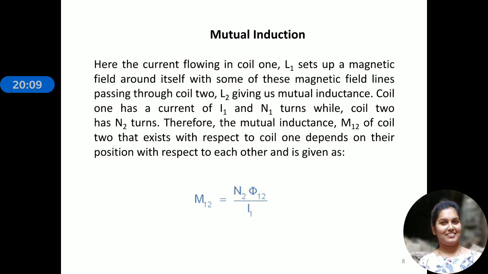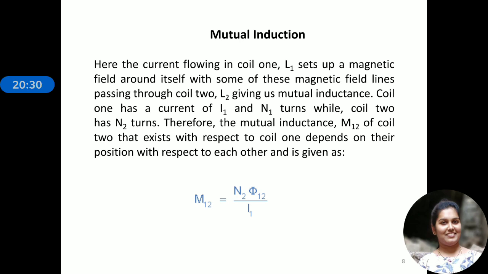So M12 is nothing but the mutual inductance because of the first coil, and we can write it as N2 phi 12 divided by I1.